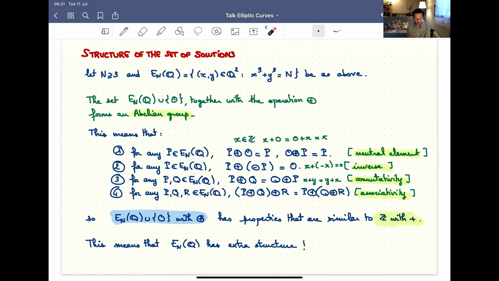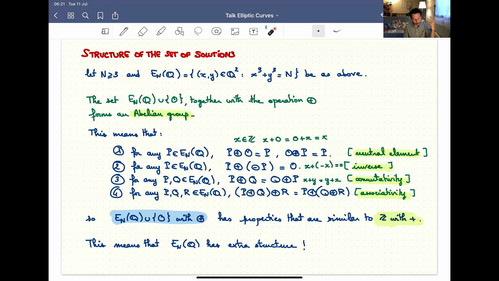And the point O in the blue set on the left behaves as you can see. P plus O is equal to P. This reminds us of the fact that x plus 0 is equal to x. So O plays the role of 0 in this analogy. Yeah, so this is a bit of algebra. There is a fourth property, which I won't go into too much detail here.